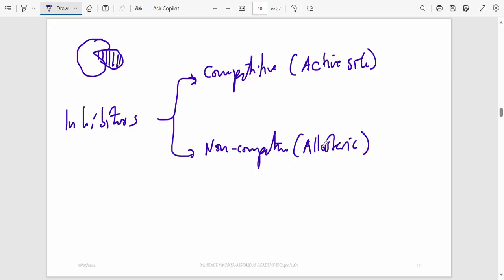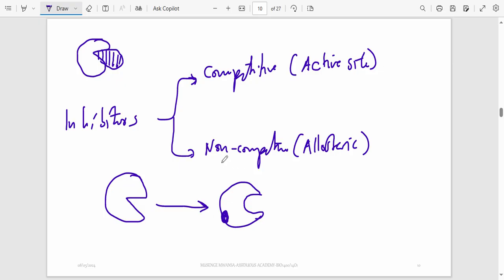But how do they inhibit the reaction? Let's say the enzyme was supposed to be like this, and then this inhibitor came and bound to the allosteric site, and then the active site changes. Because we have changed the active site, the enzyme can no longer work the way it was supposed to.